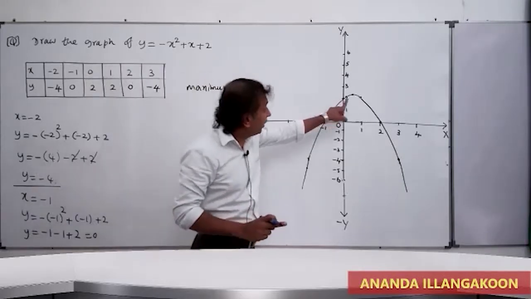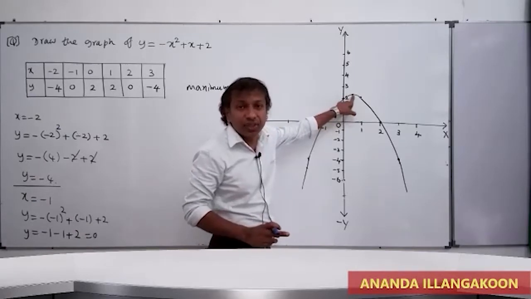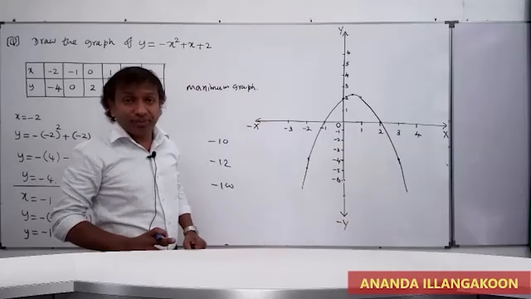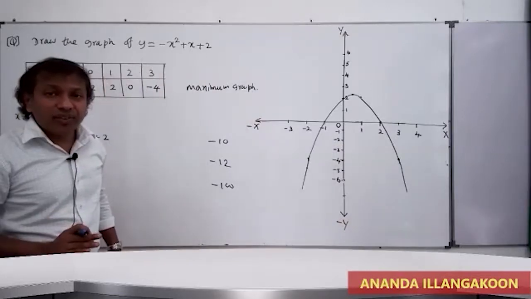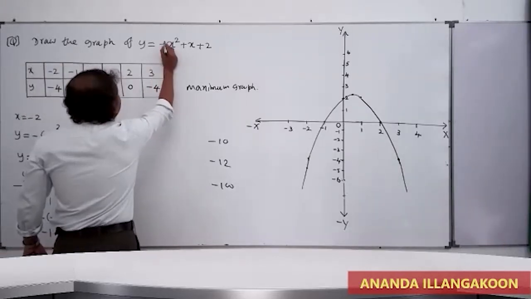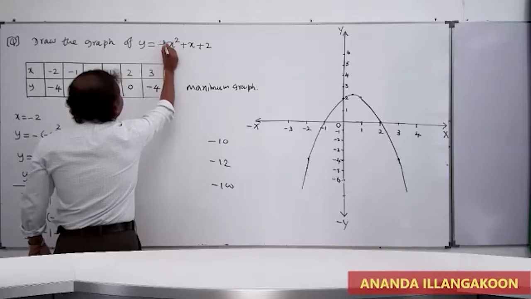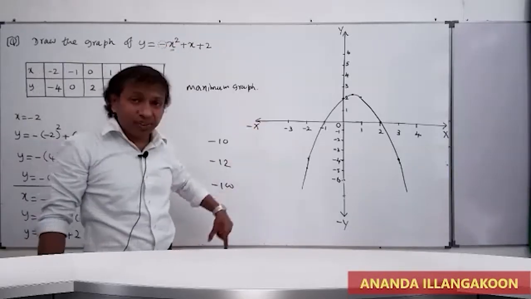That y value occurs at this turning point or the vertex. So this graph is called a maximum graph. Before drawing the graph, you can now identify that it is maximum. The x squared coefficient here is now minus. If the x squared coefficient is minus, the graph is a maximum graph of the shape like this.